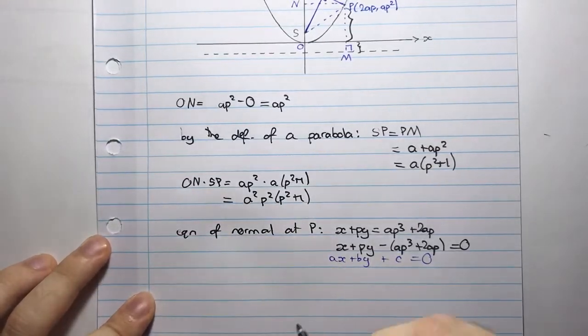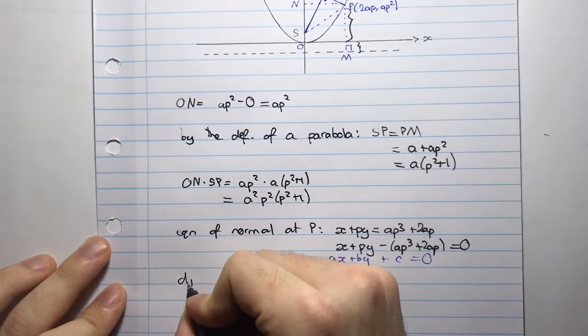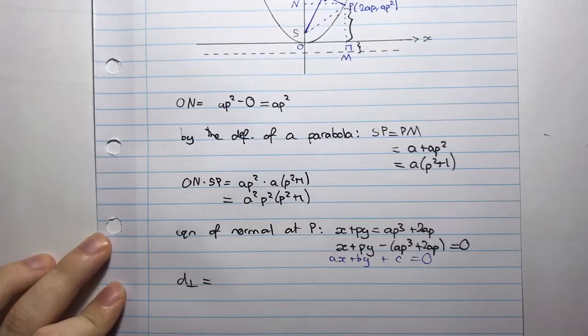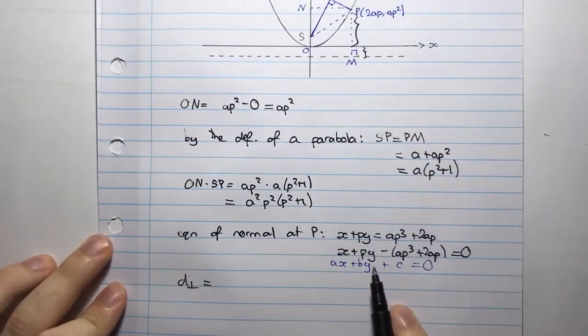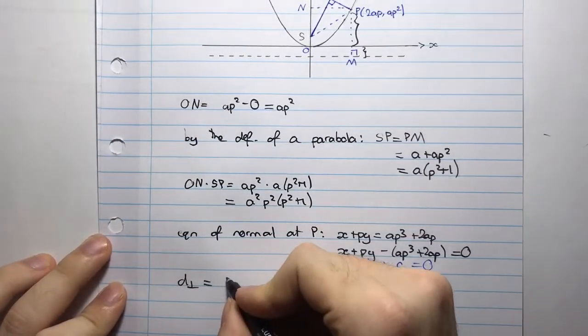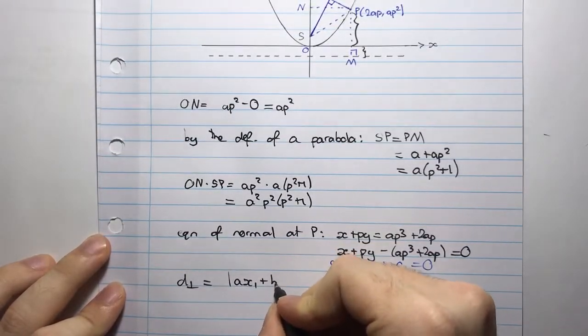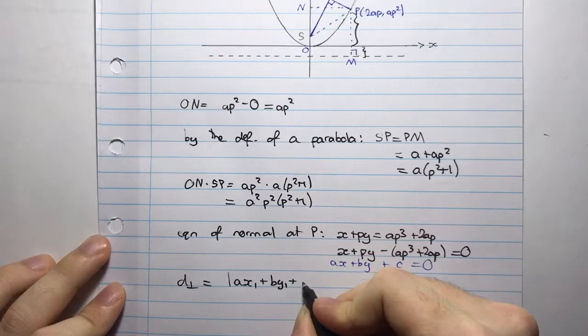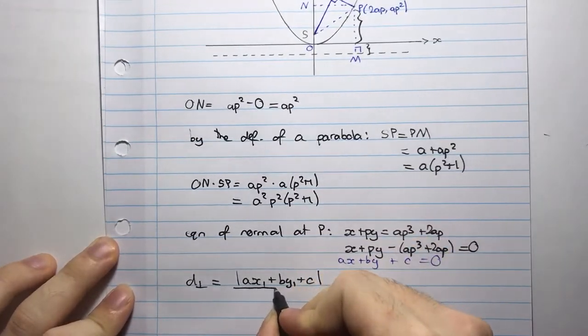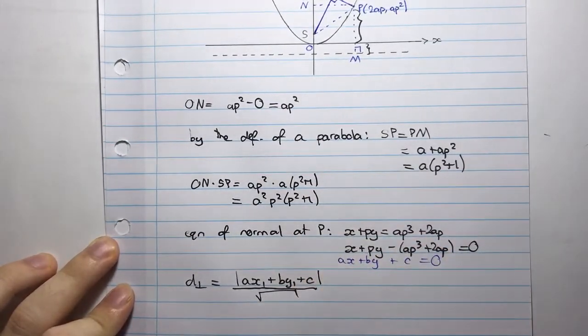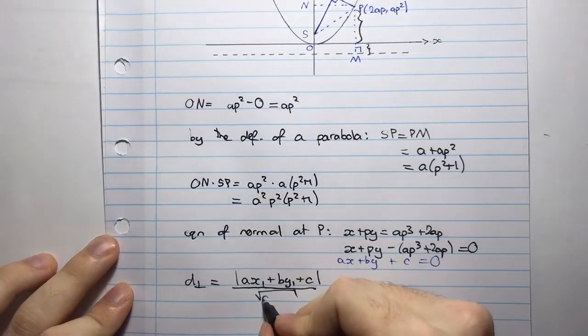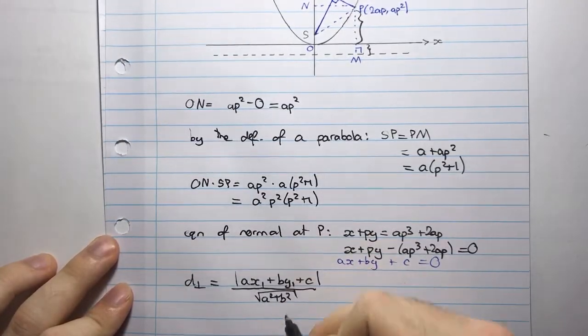So let's just recall what that is. The perpendicular distance from a point whose coordinates I know to a line of this form is the absolute value of A, X1, plus B, Y1, plus C, divided by the square root of A squared plus B squared.